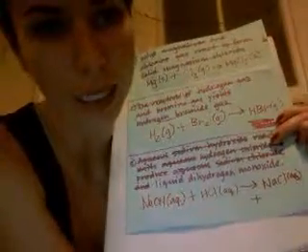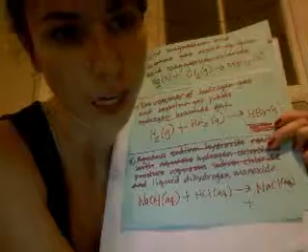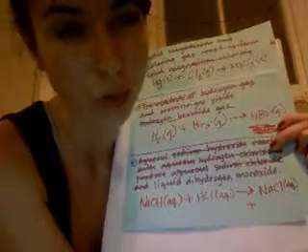Dihydrogen monoxide. Liquid dihydrogen monoxide. Covalent. Di means 2, so dihydrogen means H2. Mono means 1, monoxide means 1 oxygen, so O with the 1, put a little L behind it, and you're done.